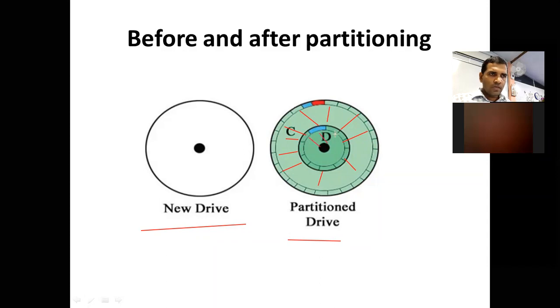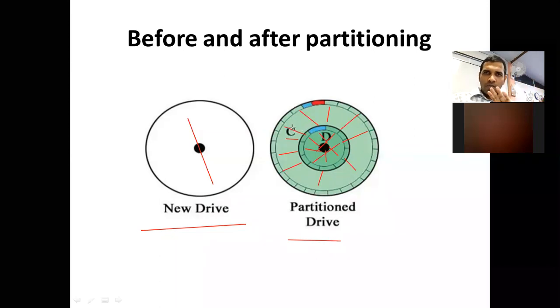This part is also labeled as D. So one single surface has been divided into two different surfaces, labeled C as well as D. Even though in a physical hard disk this kind of setup is not actually created, we assume that in a physical hard disk, partitions will look like this.